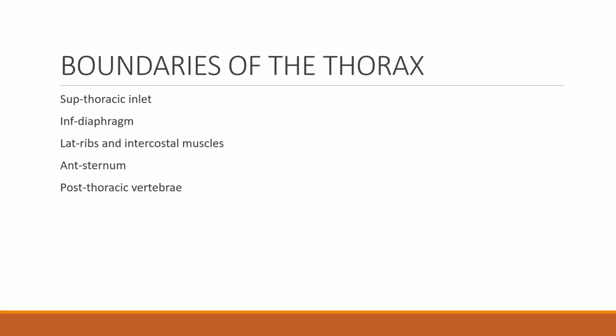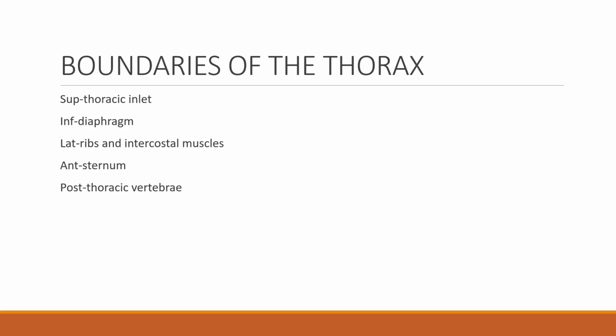Let's go to boundaries of the thorax. Bear with me, if you have done general anatomy, you know about superior, inferior, lateral, anterior, posterior, abduction, adduction. Yeah, those things. So, boundaries of the thorax.